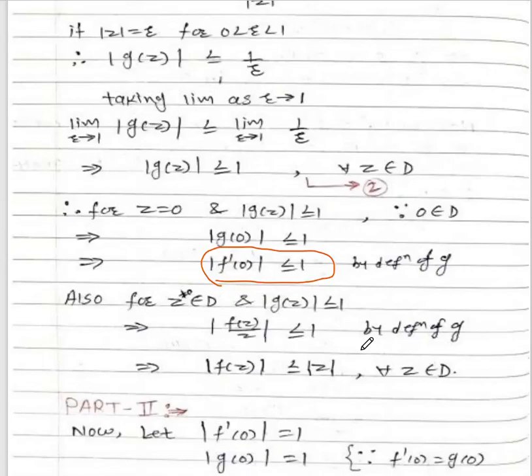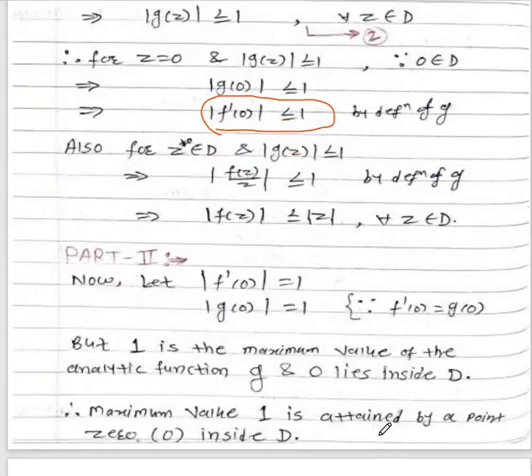Now we will show the second part of this theorem. Now let us consider f dash of 0 equal to 1. So by using the second part of the note, f dash of 0 equal to 1 implies mod g of 0 equal to 1. So by using the definition of g, we can write g of 0 equal to 1.